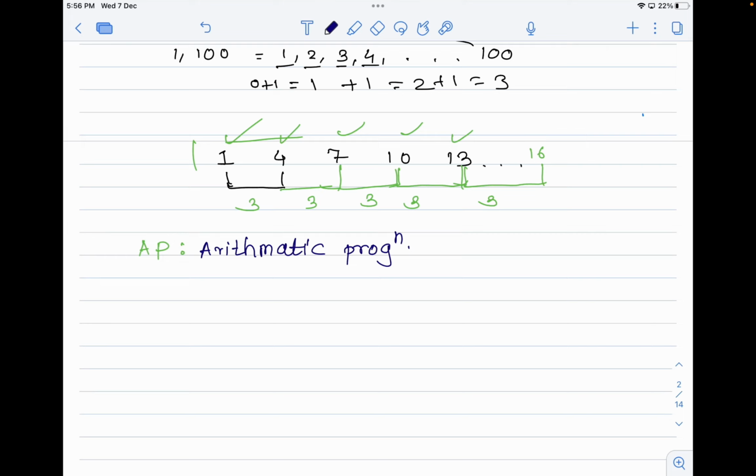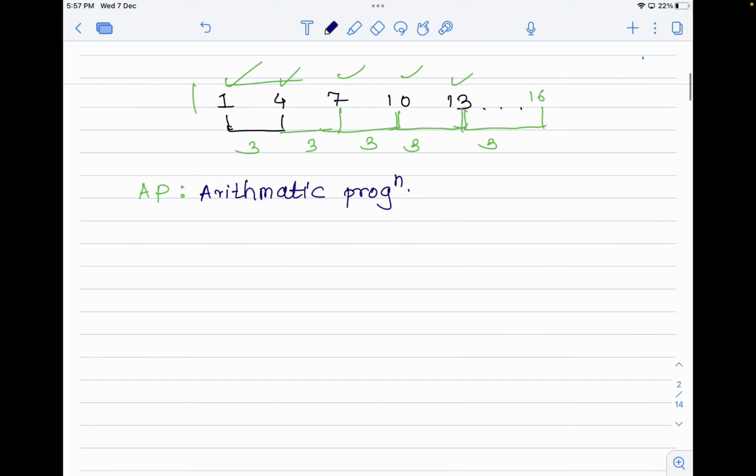Arithmetic progression follows terms: it checks the first term and the common difference, then it checks the total number of terms, and then it gives you the actual output. Now, the sum of n terms of an AP, how will we find it?